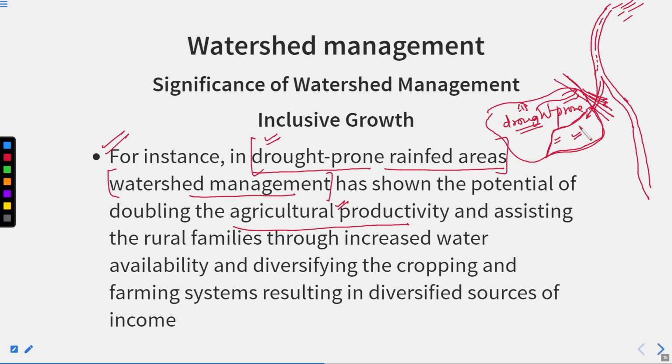But what will happen to the water availability? So everything should be checked before doing any type of construction or planning, right? If they have water at this time and they use this water judiciously all over the year, then this water can lead to their agriculture practices also, and that can be used for their rural families as well.